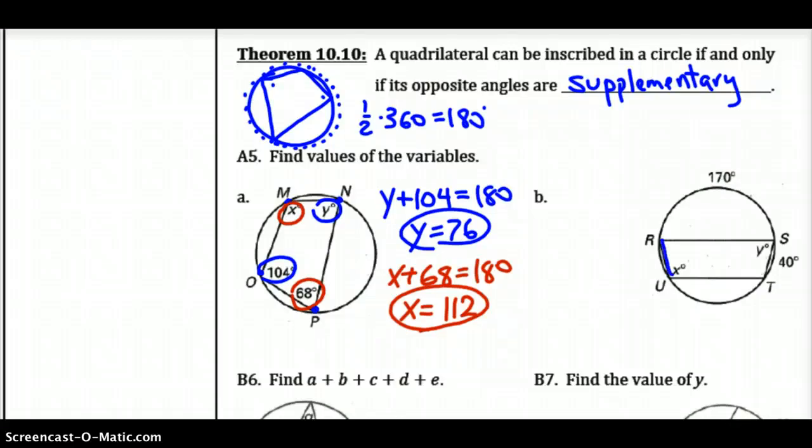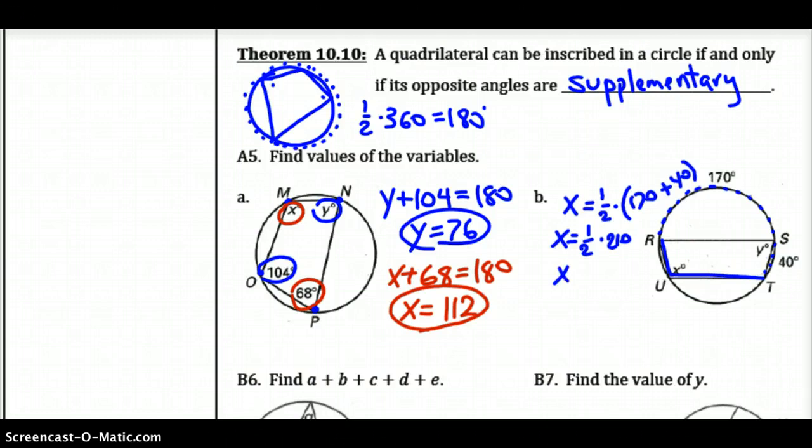Let's see, this angle x is all of that. So x equals 1/2 of 170 plus 40, which is 1/2 of 210, which is 105. So since this is 105 degrees, we can say that x plus y has to be 180.